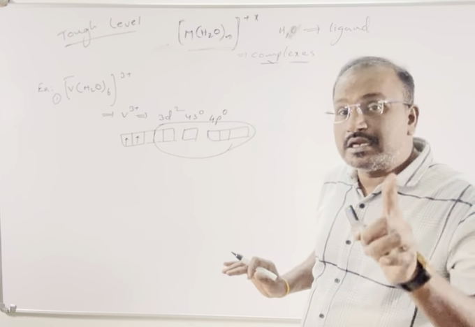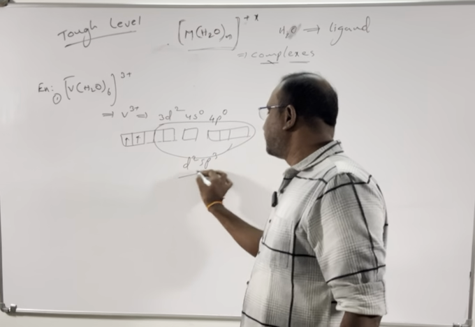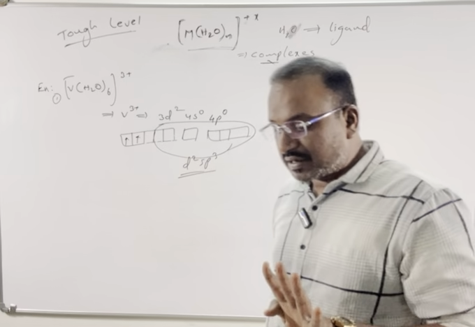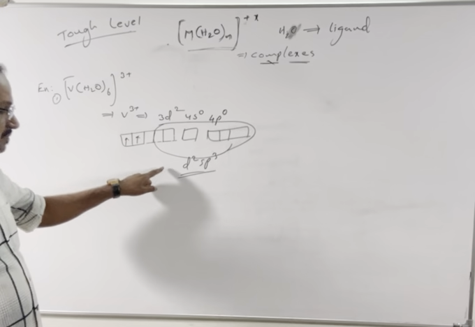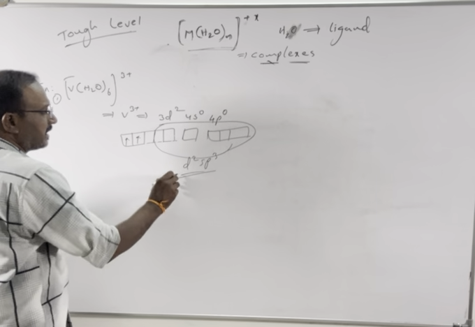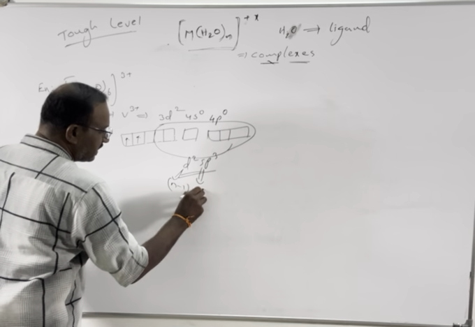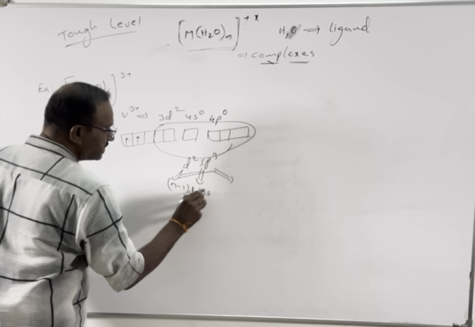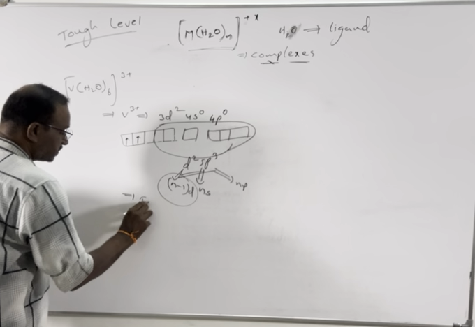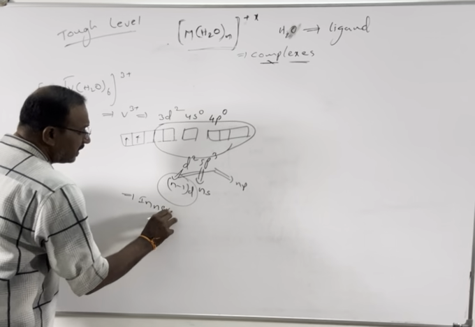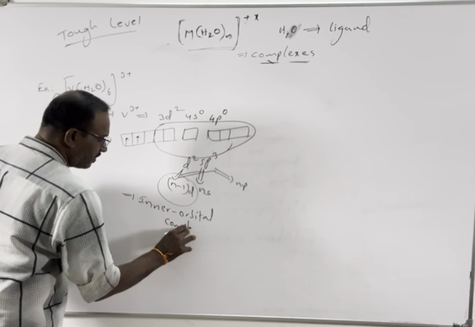It is d2sp3 hybridization, because we require 6 empty orbitals, and those are possible by d2sp3 hybridization. This d is (n-1)d, this s is ns and this p is np. So the inner shell d orbital is involved in this complex, so it is called an inner orbital complex.